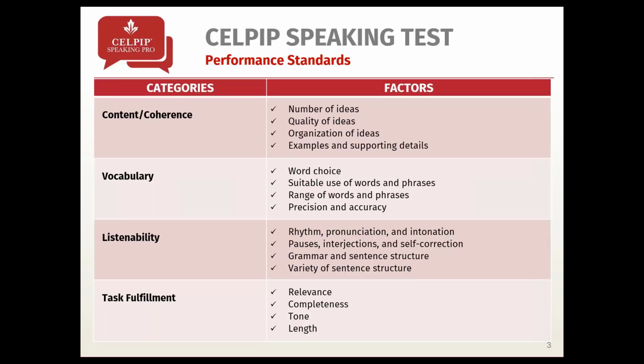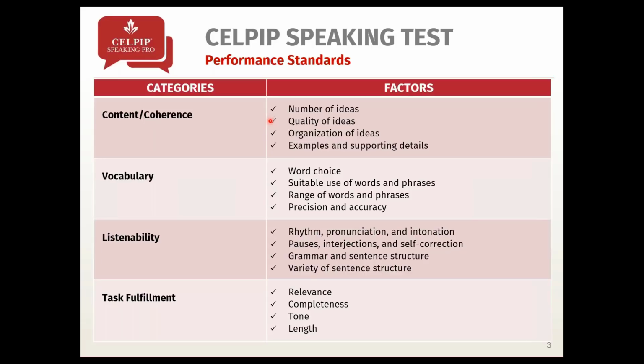Okay, so let's start with content and coherence. This category is all about the ideas that you choose to talk about in your response. So I want to draw your attention first to this second point, quality of ideas. By this we mean you need to come up with ideas that respond directly to the question.